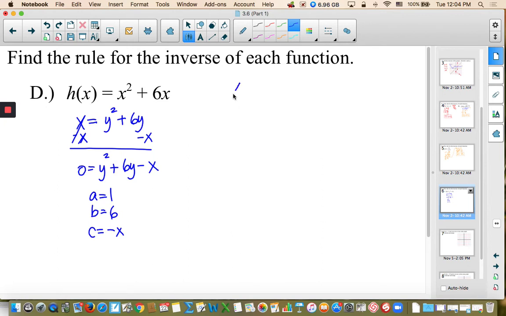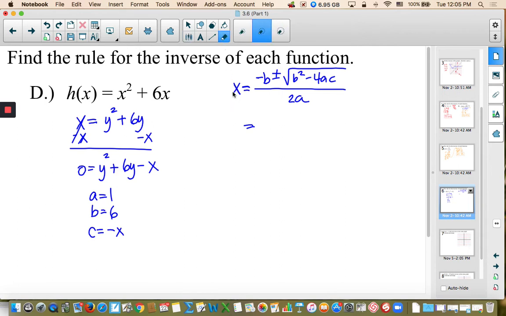Okay, so quadratic formula. Quadratic formula is x equals opposite of b plus or minus the square root of b squared minus 4ac all over 2a. So in this case, actually it wouldn't be x equals, I should change that. It'd be y equals, because y is my variable here. So y equals. Okay, so we've got opposite of b. b is 6, that's negative 6.